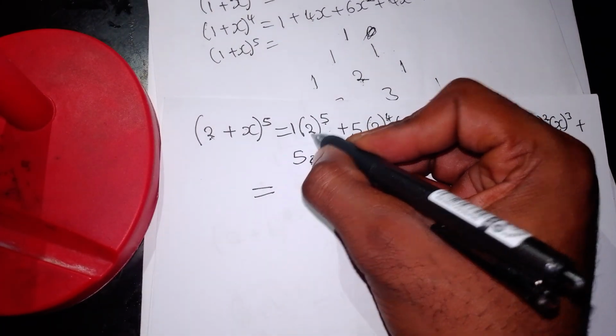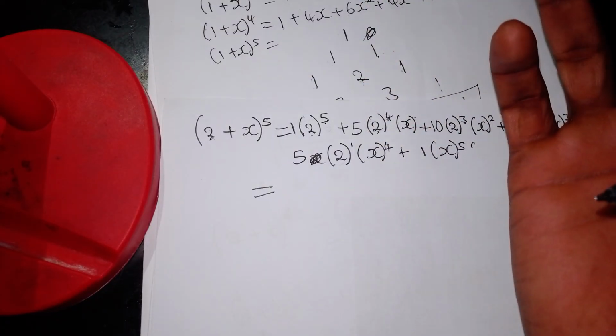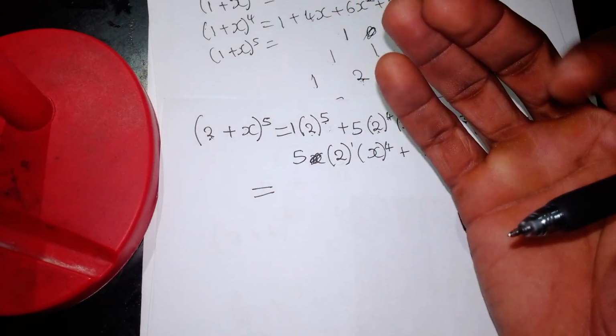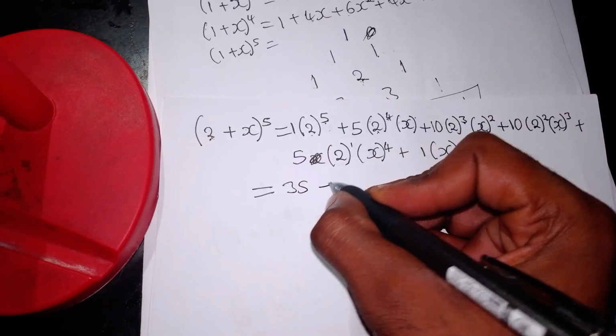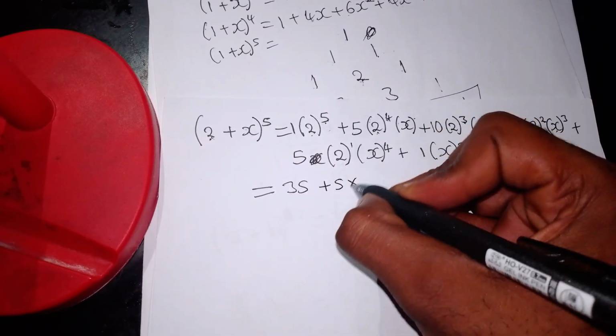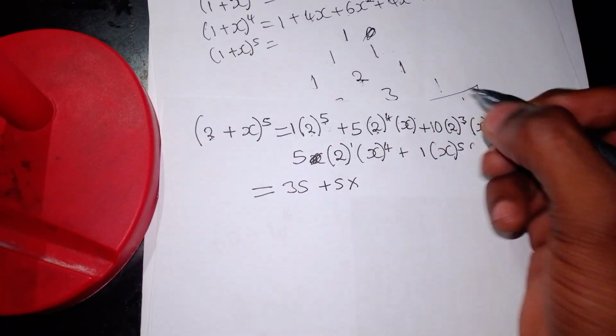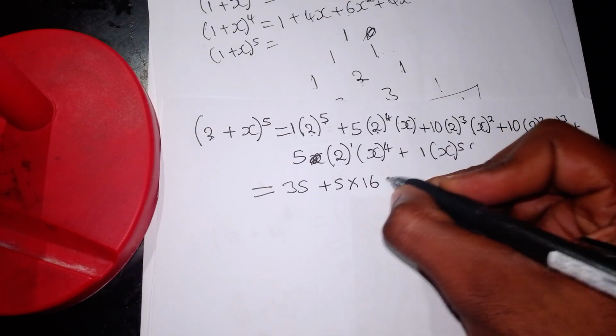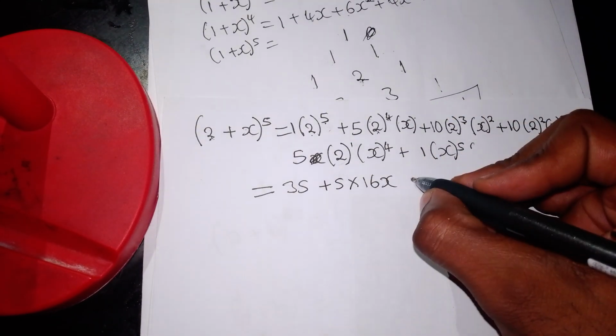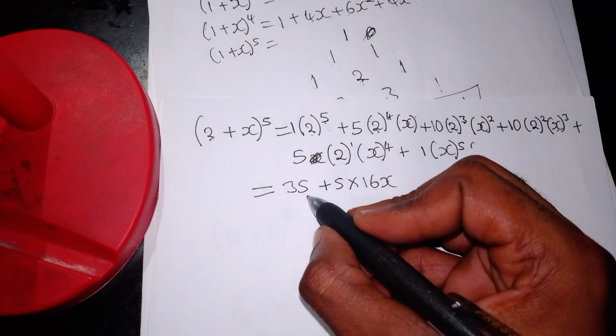So 2 to the power 5, is it 32? That's an 8, 16, 32, yes. So you have a 32, and then plus 5 multiplied by 2 to the power 4, this is a 16x, and then what have I written?